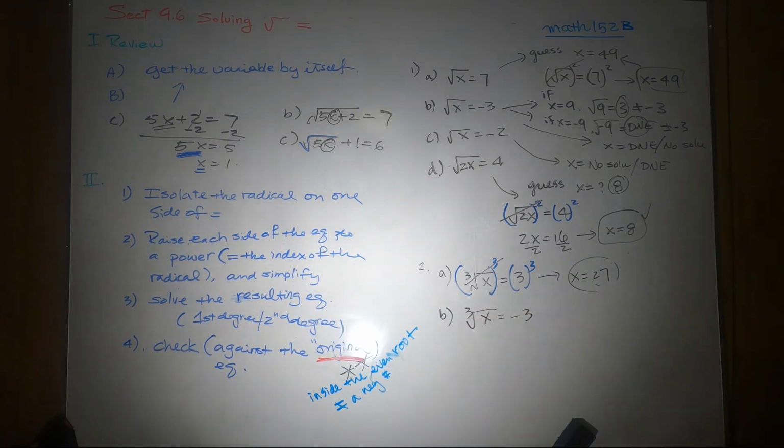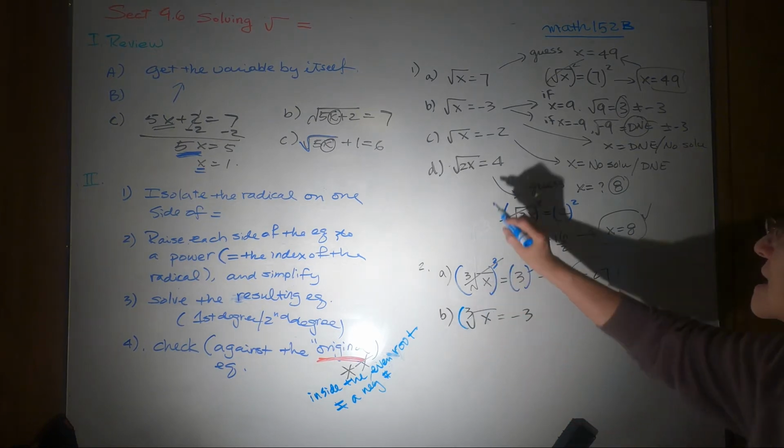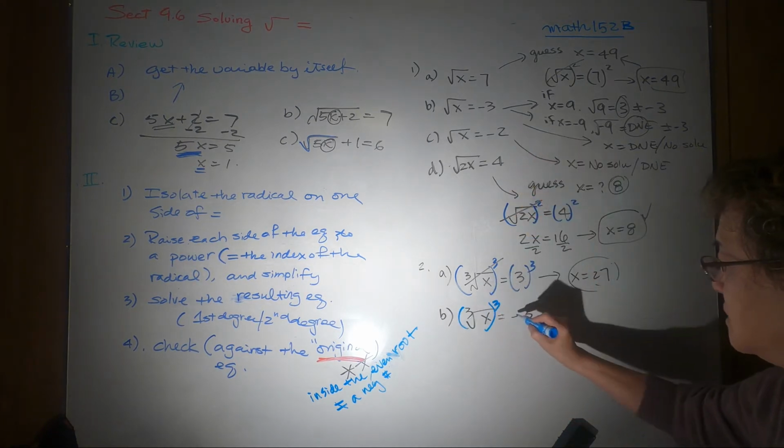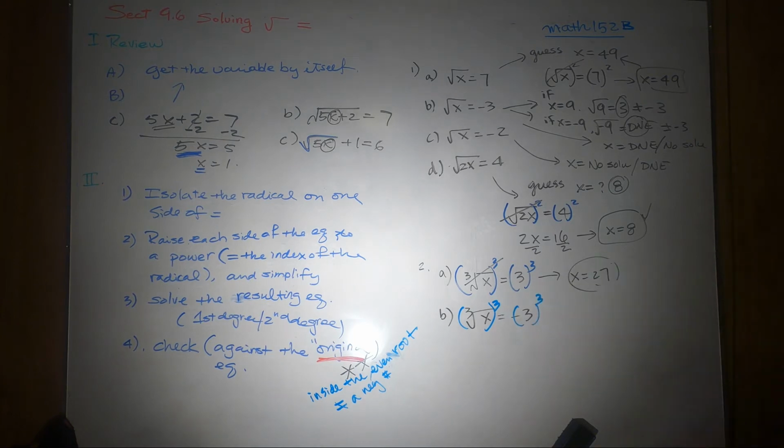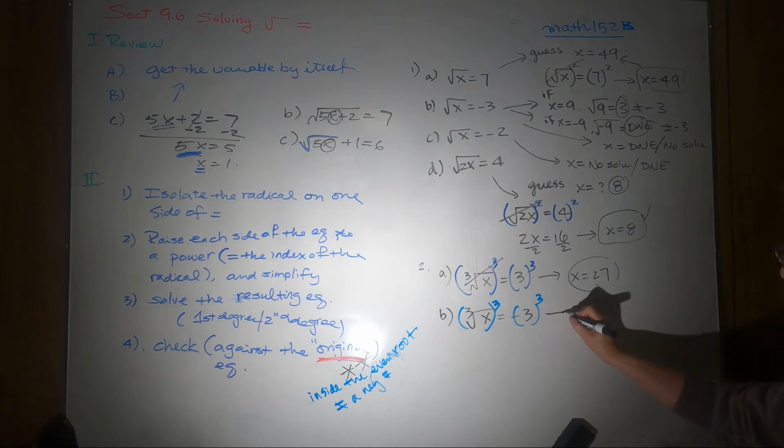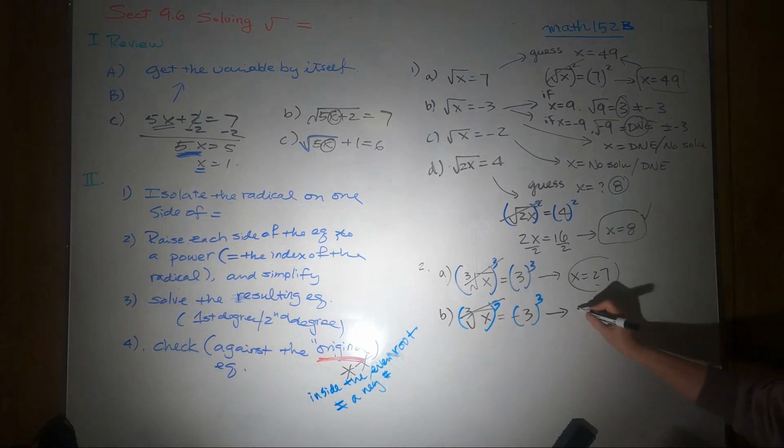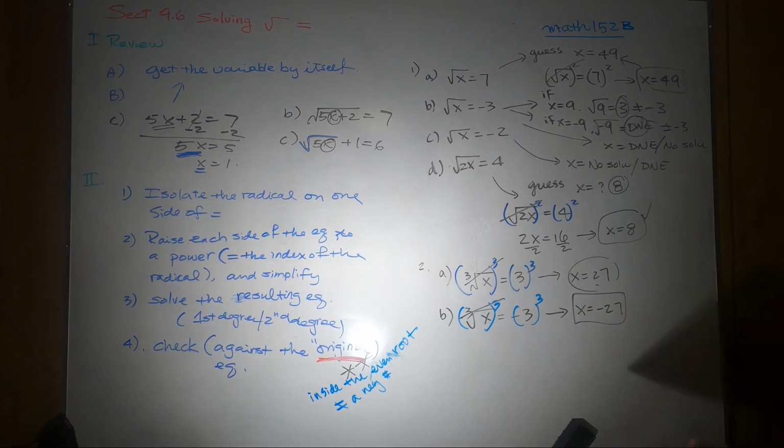Okay, if you have cube root of x equals negative 3. So can you have a negative number inside of the odd roots? Except the even roots. So you do the cube, then what do we get? We will have those cancel out. X is what? Negative 27, right?